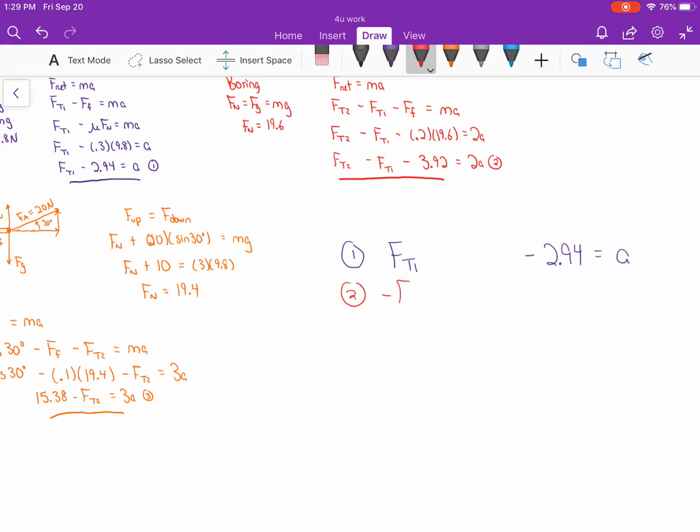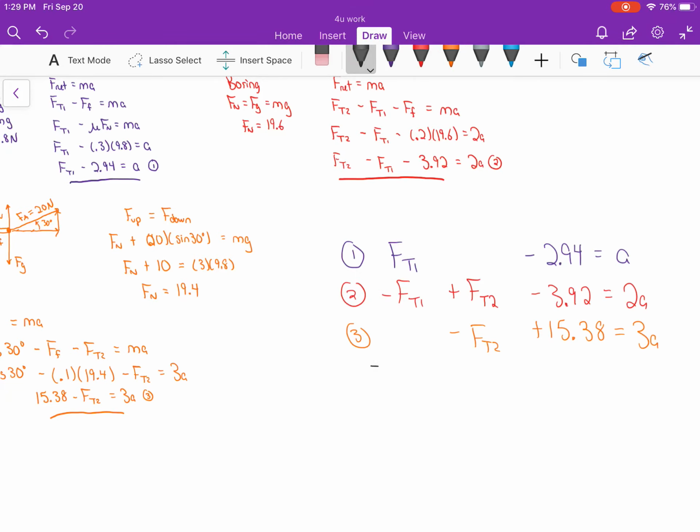It had a negative ft1, a positive ft2, and then a negative 3.92, and that was equal to 2a. The last object, it didn't have a t1 in it. It had a negative ft2. It had a positive 15.38, and that was equal to 3a.